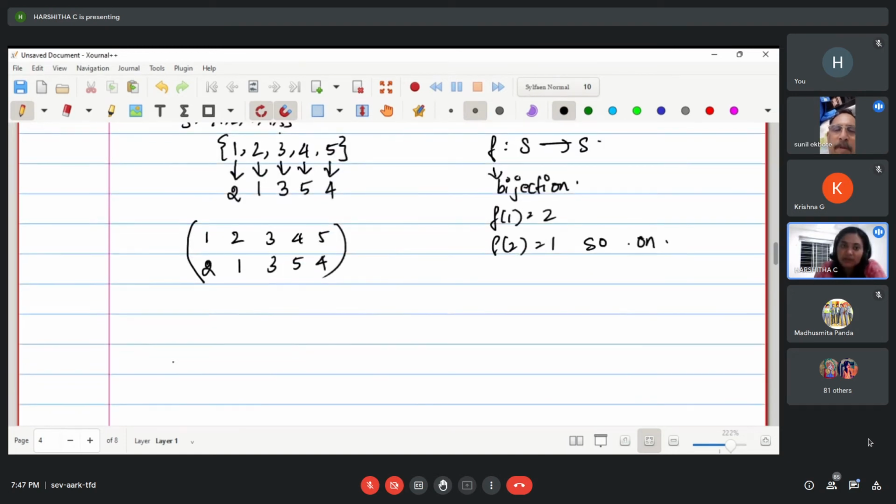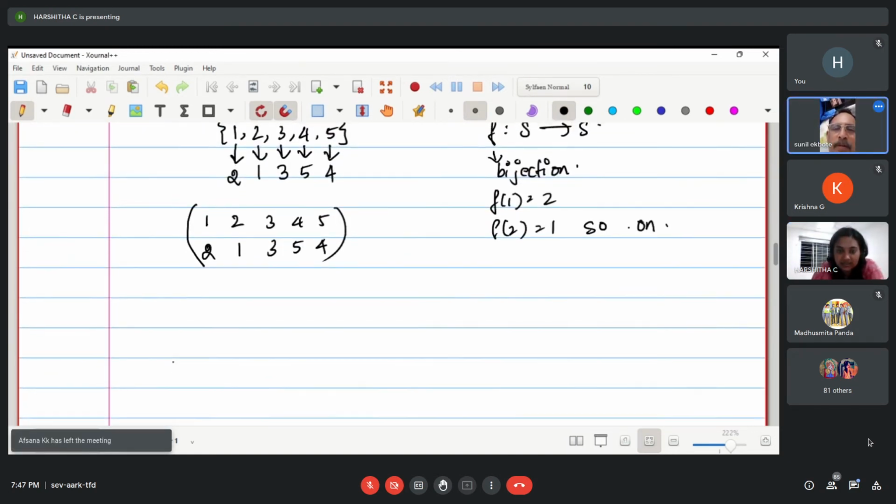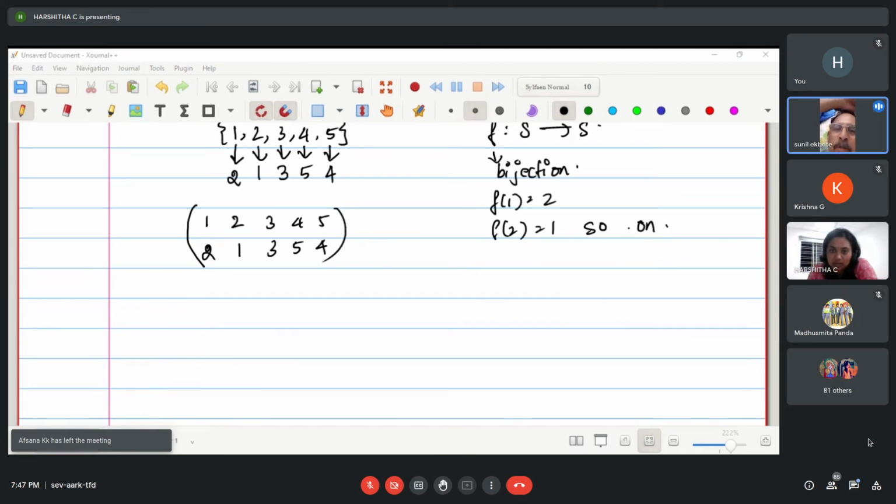Ma'am, I want to make one question. Yes, sir. Is it necessary that the element of S must be a natural number? We are actually taking any finite set. So if you take, let's say, a set of n numbers, you can just see it as natural numbers. Eventually, when you see the definition of groups and all, you'll see that it doesn't matter whether you take natural numbers or not; we're just interested in the cardinality of the set.